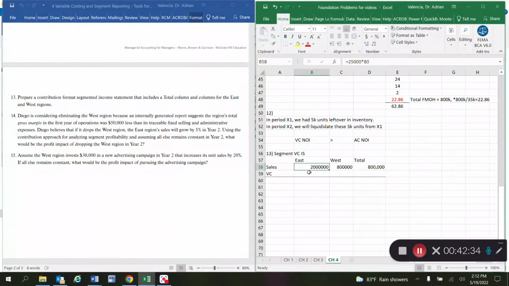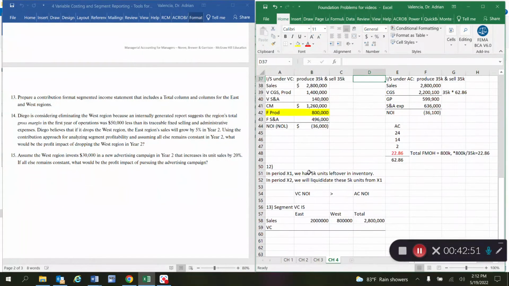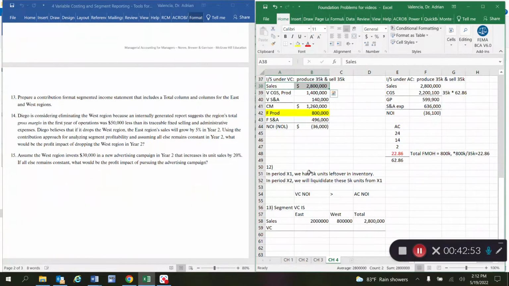Okay, so when we add these two, the total, I don't know where I put 800,000 here. This was 2,800,000. Sorry. I hope somebody caught that as I was writing it. In other words, that's just our total here. I only put the 800,000. But if we have 2 million from the east and 800,000 from the west, the total is 2,800,000.